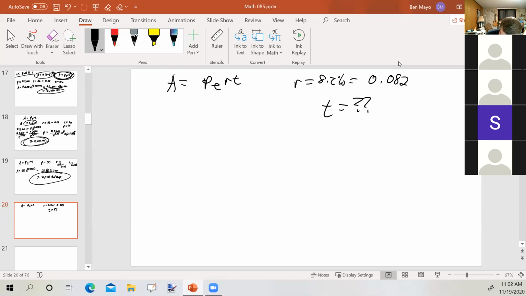but they didn't really tell us the population, and they didn't really tell us the final amount. What they did tell us is that they want that beginning population to double. All right? So let's say the beginning population is just P. If we double P, what do we get?